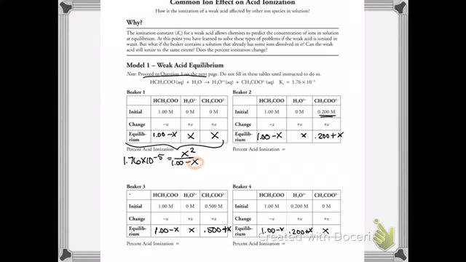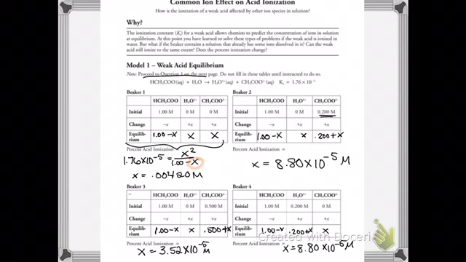Solve for your x without any plus or minus x in the actual problem. That way it makes the math a lot easier. So at this point, I'd solve for x, which should be equal to about 0.00420 molar.